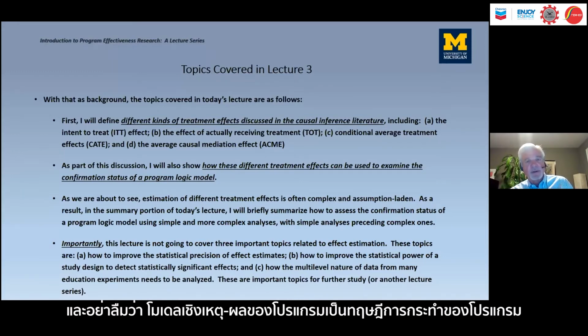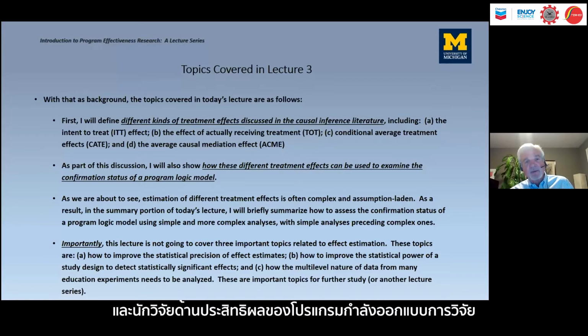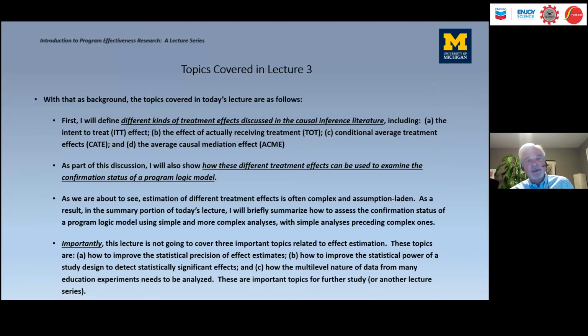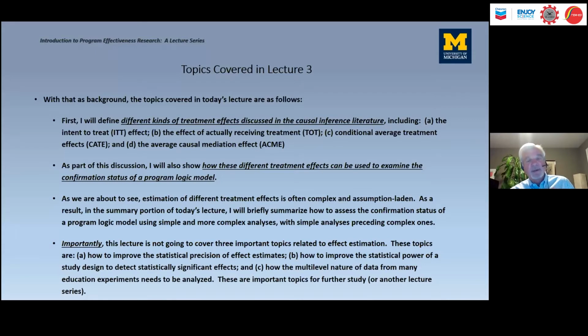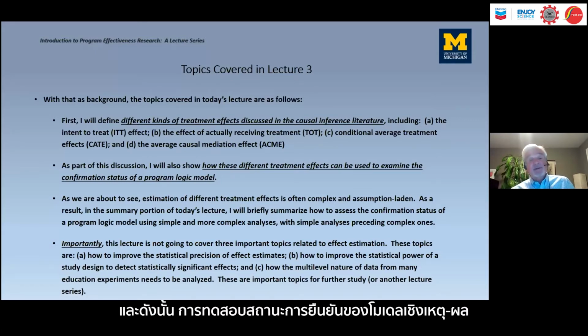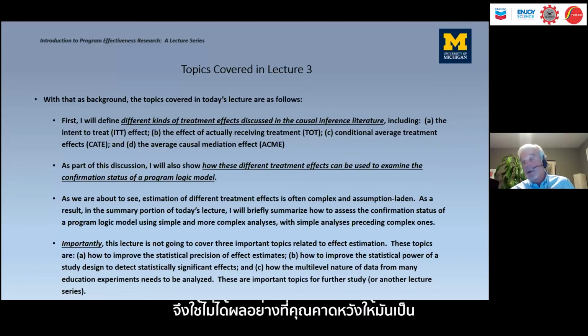Now recall, a program logic model is a program's theory of action, and program effectiveness researchers are designing research to see whether, in fact, the program operates as theorized. And so the tests are tests of the confirmation status of the logic model. Does it work as you expect it to work?